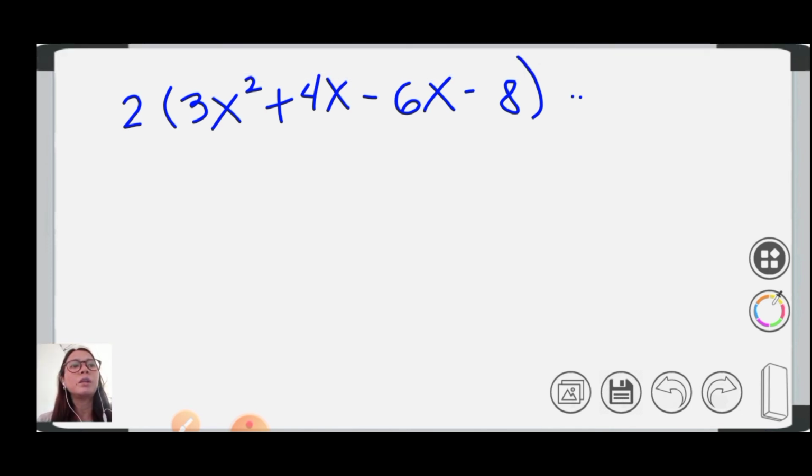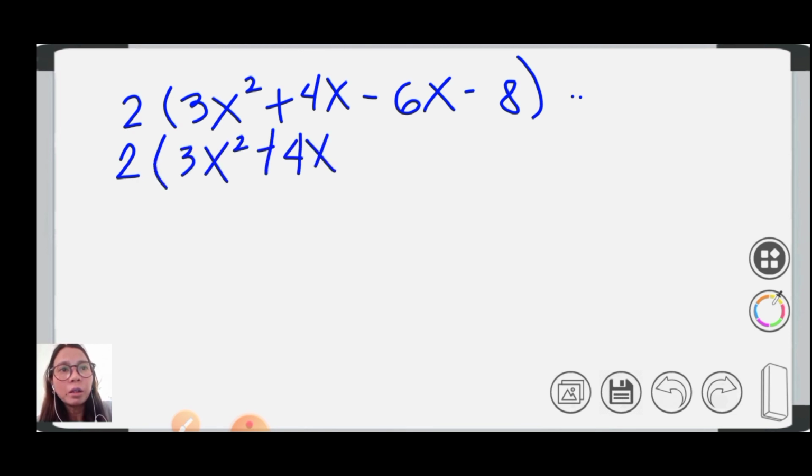As you can see, we must group the terms. So we have 2, just copy, 3x squared plus 4x. Then since this is negative, we should have a negative outside of the second group. So we have negative, the quantity of 6x plus 8.